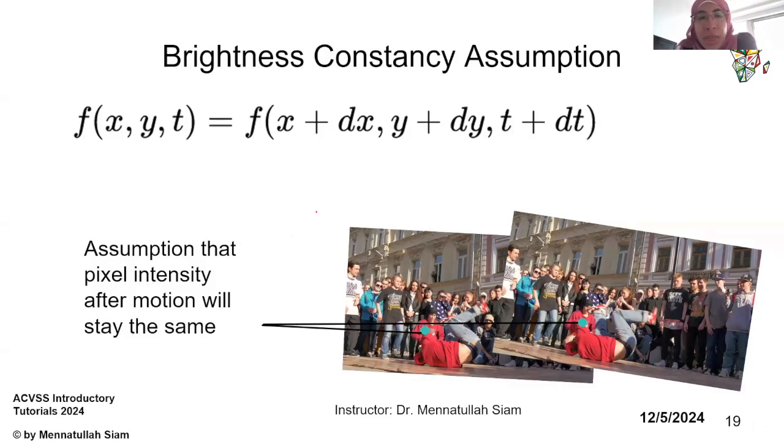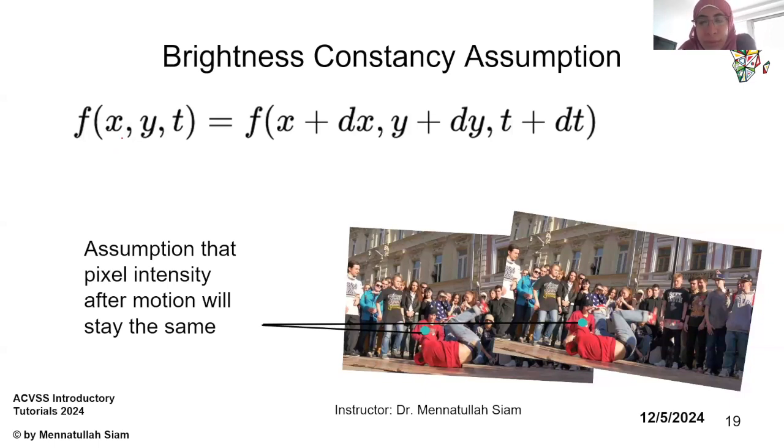The base of optical flow is actually that we're going to do a Taylor expansion. That's what we're going to do in optical flow. But first, we need to understand the brightness constancy assumption.